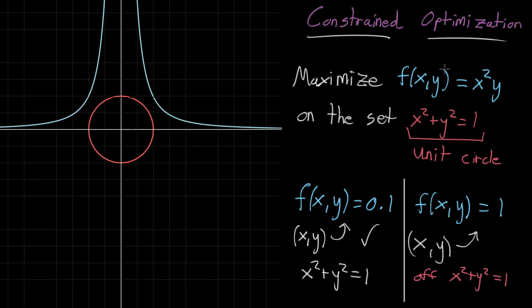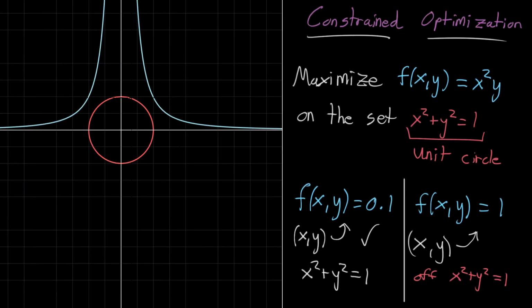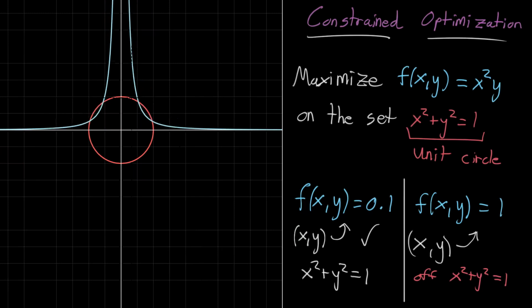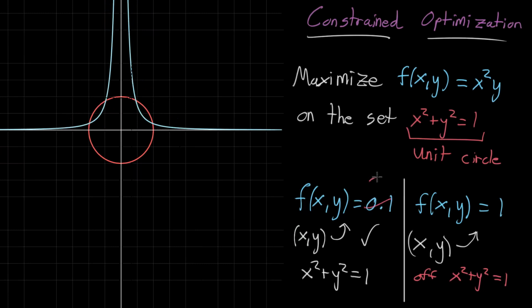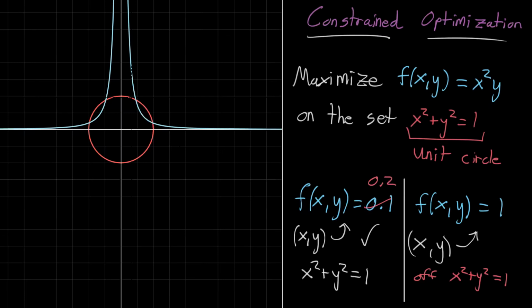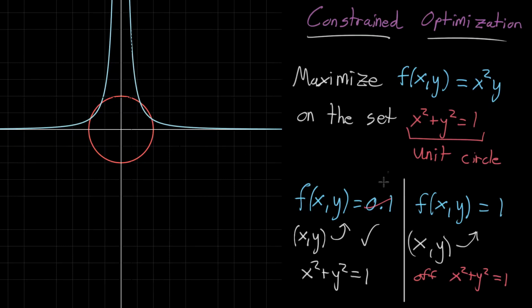So as we try to maximize this function subject to this constraint, we can never get as high as 1. 0.1 would be achievable. If I upped that value and changed it to the line where you're looking at 0.2, that's also possible because it intersects with the circle. You could play around with it and increase it a little bit more. If I go to 0.3 instead, that's also possible.